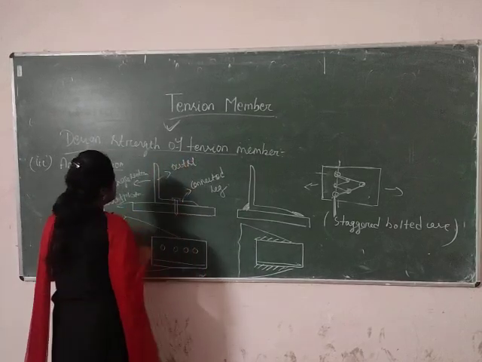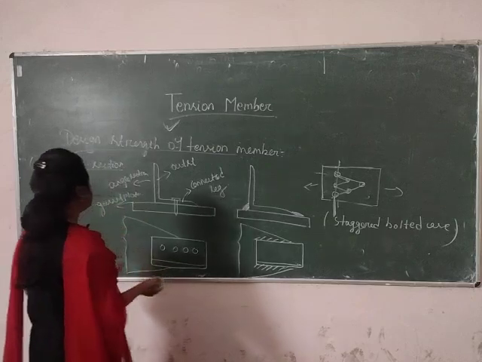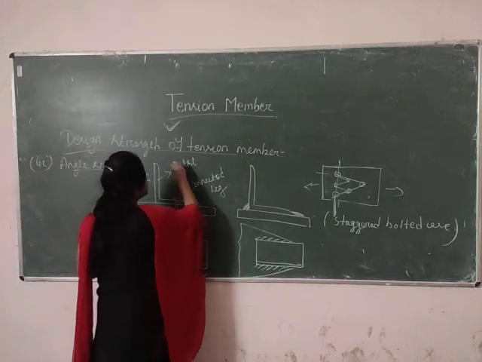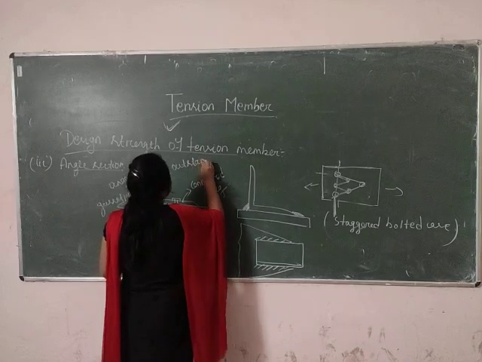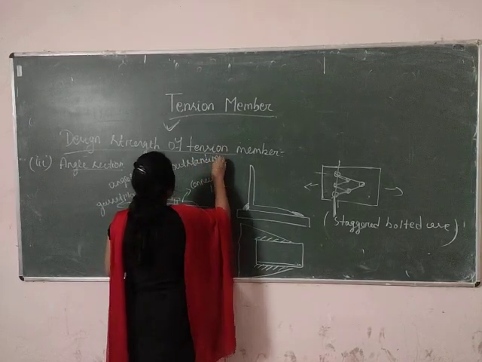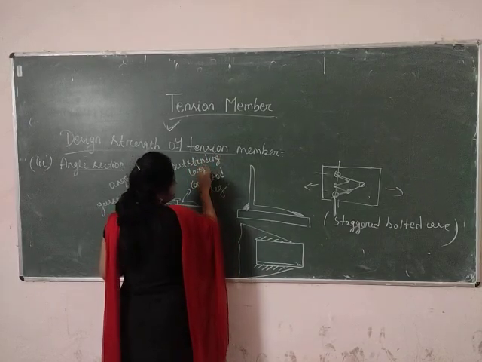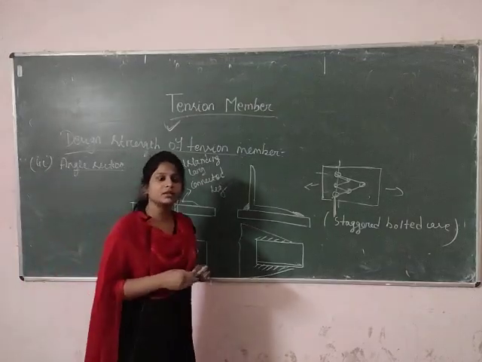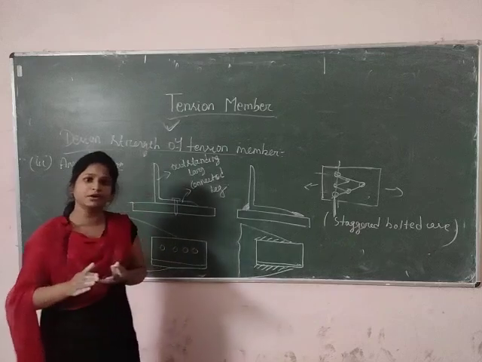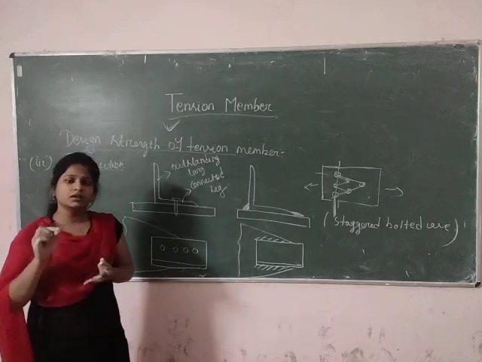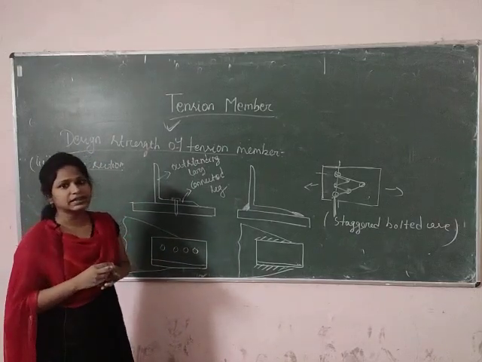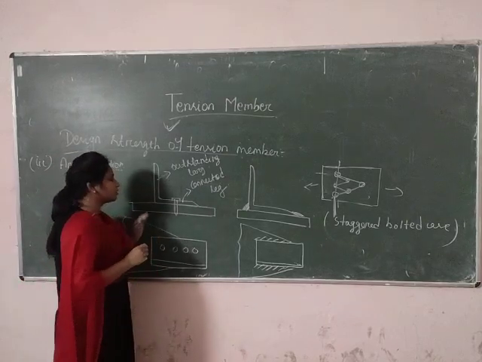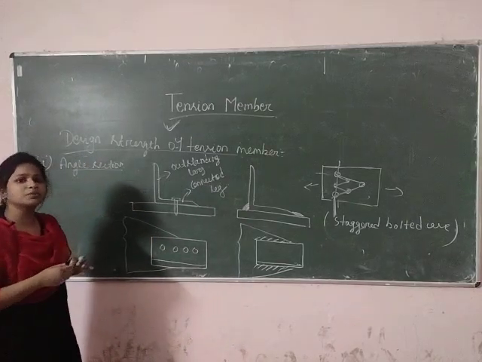So this leg which is not connected to any gusset plate or to any member is called the outstanding leg. Okay. So generally we assume that the applied load goes through the center of gravity of the section, but in this case the applied load will not go through the CG of the section.